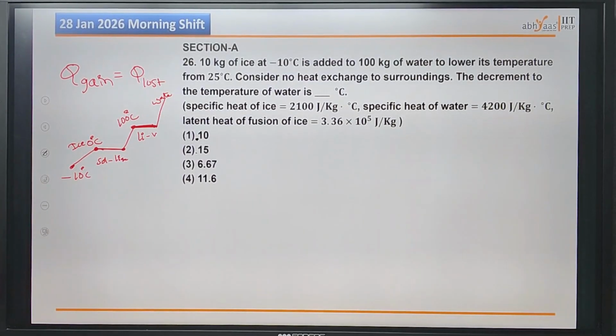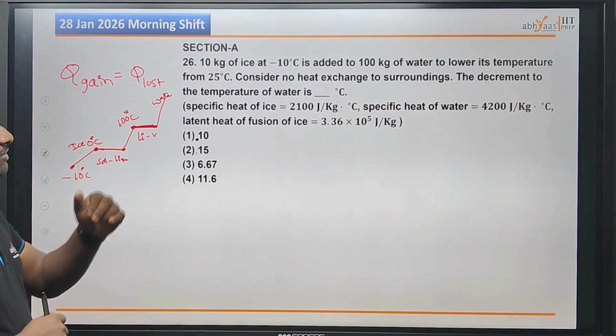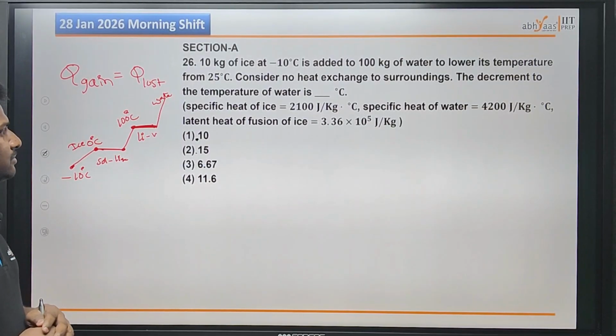So see here, for a state change you have to use ML, that is the latent heat of fusion, and for water, the specific heat.